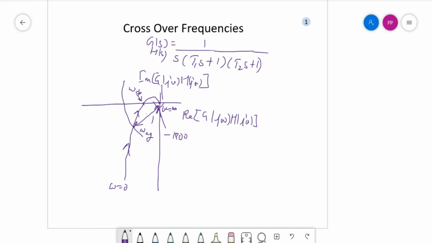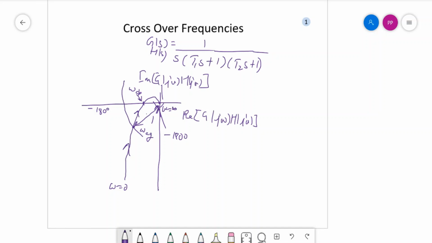So the same plot, if we draw on semilog graph paper for Bode, then we will see that the point where the 0 decibel line is crossed is called the gain crossover frequency point, and the point where the phase of minus 180 degrees is crossed is called the phase crossover frequency point.